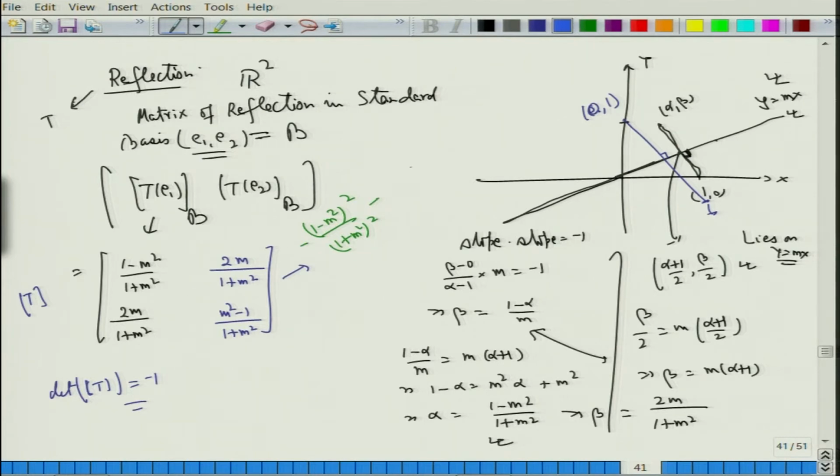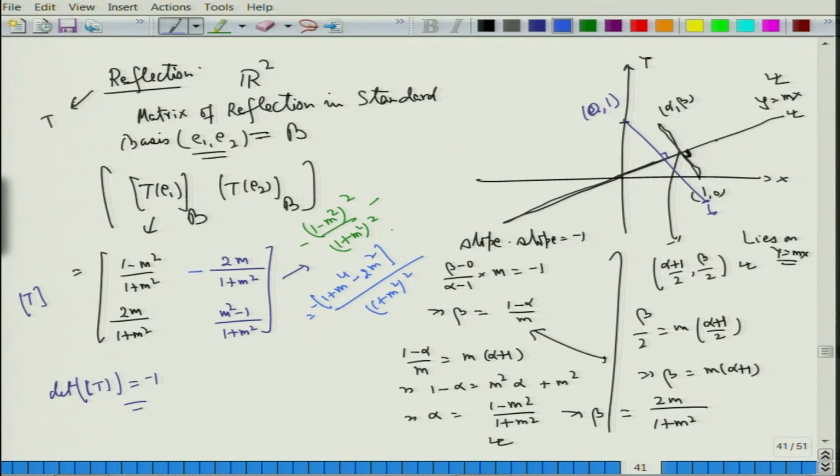So, this is equal to (1 plus m square) whole square, (1 plus m) to the power 4 minus 2m square. All right, I want plus 4, so it should be a minus here. There should be a minus here. All right.